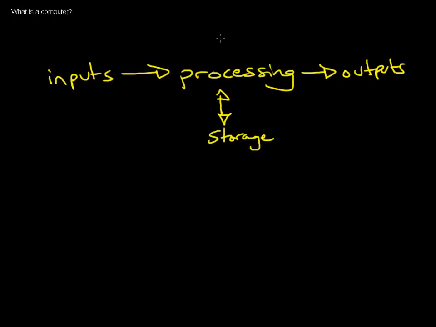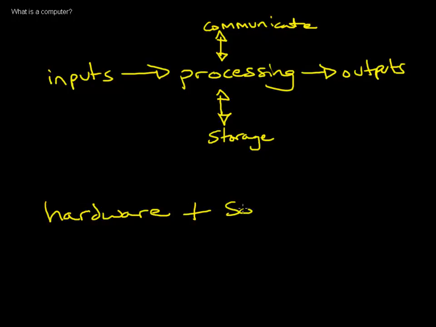It also has an ability to send and receive signals using networking devices, and it has the ability to communicate or perform communication. A computer system is made up of its hardware and its software, its programs that tell the computer what to do.